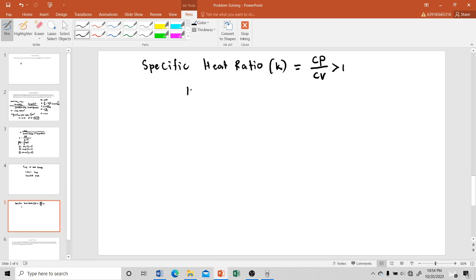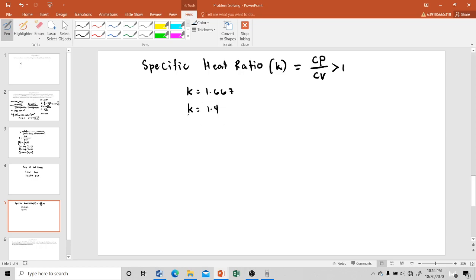So the K of the monatomic gases is 1.67. The diatomic gases, including air, have a specific heat ratio equal to 1.4. So for air we use this specific heat ratio.